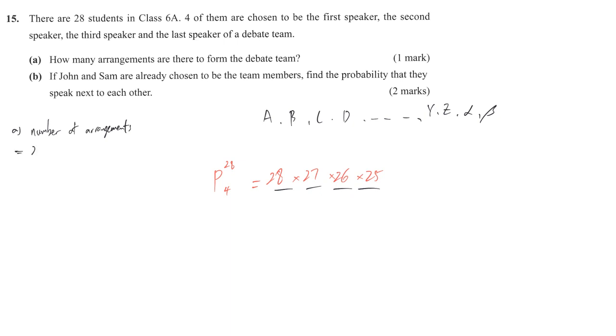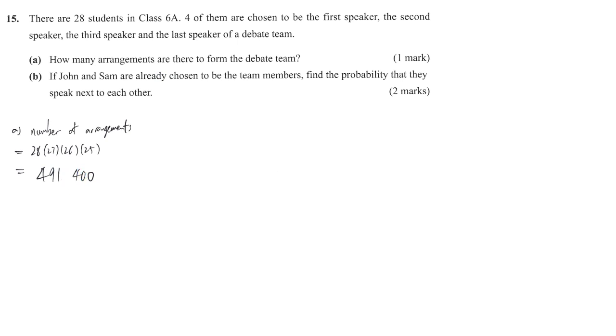So that's why the answer is 28 times 27 times 26 times 25, which is 491400. So it's a huge number. At the same time, we are not asking for the probability, so we don't need to divide by the total. Now in part B, they say John and Sam are already chosen.